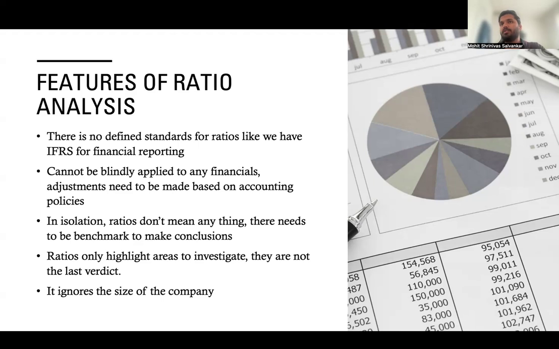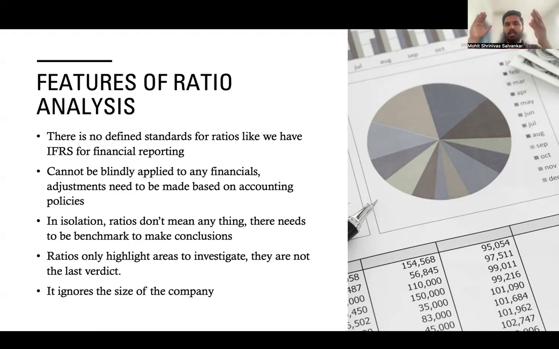And it ignores the size of the company. Let's say I take a small grocery store and the financial statements of that grocery store, and I plot the ratios. Ratios are in terms of either times or percentage form. Their unit of measurement is in times, percentage, or number, whatever it is.